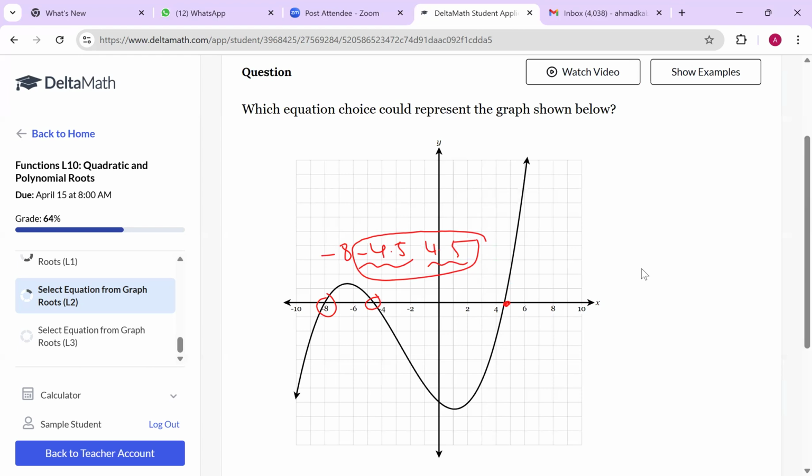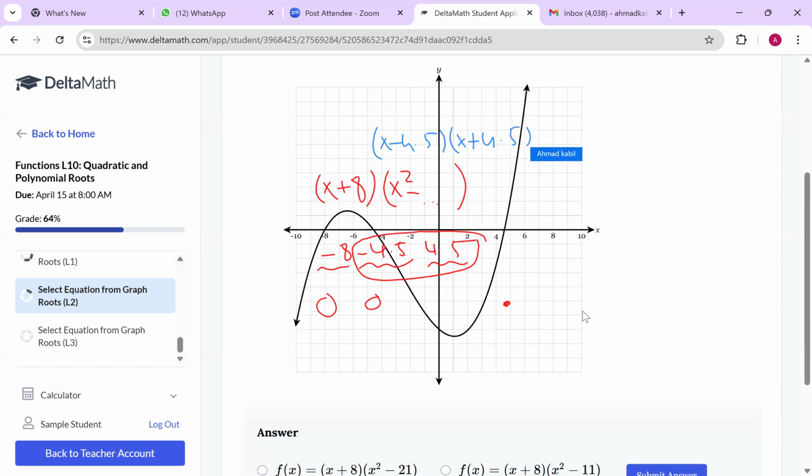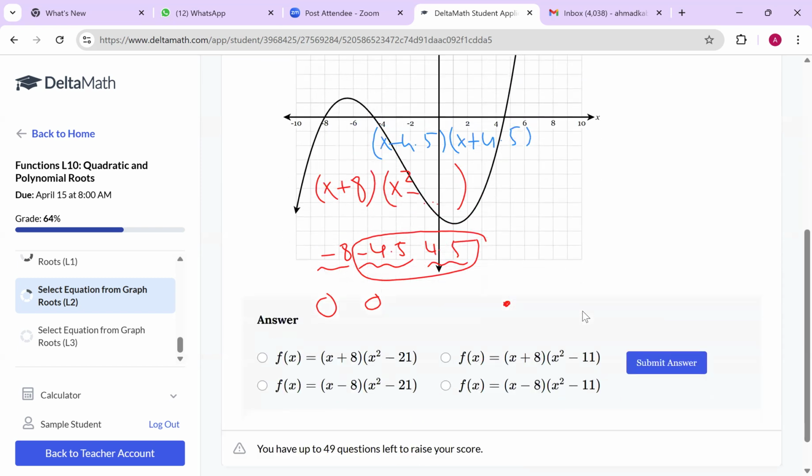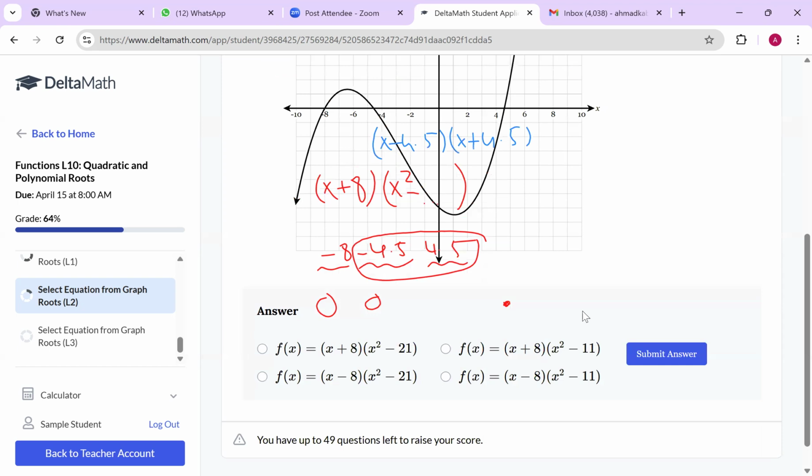So we're expecting to have x plus 8 for this. And then here we're expecting to have x squared minus something, so that when we get the difference of two squares, roughly, we get x minus 4.5, x plus 4.5. Something similar to this.